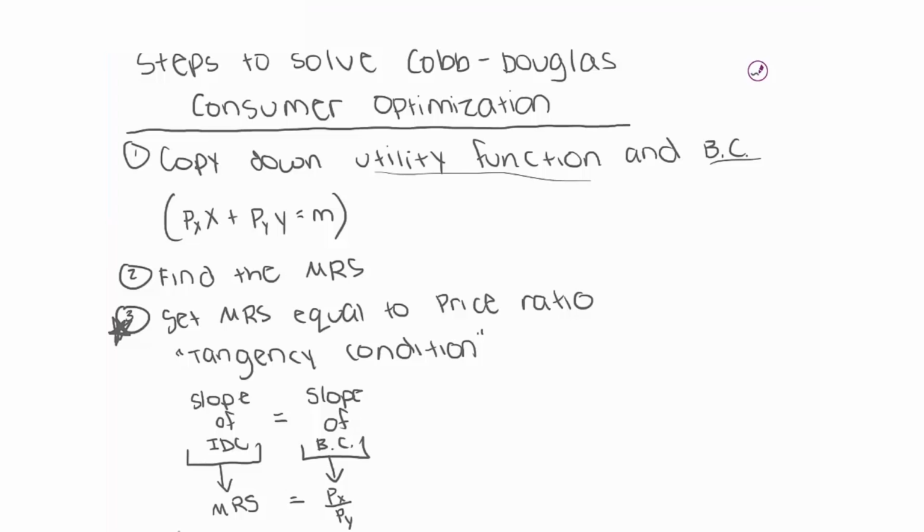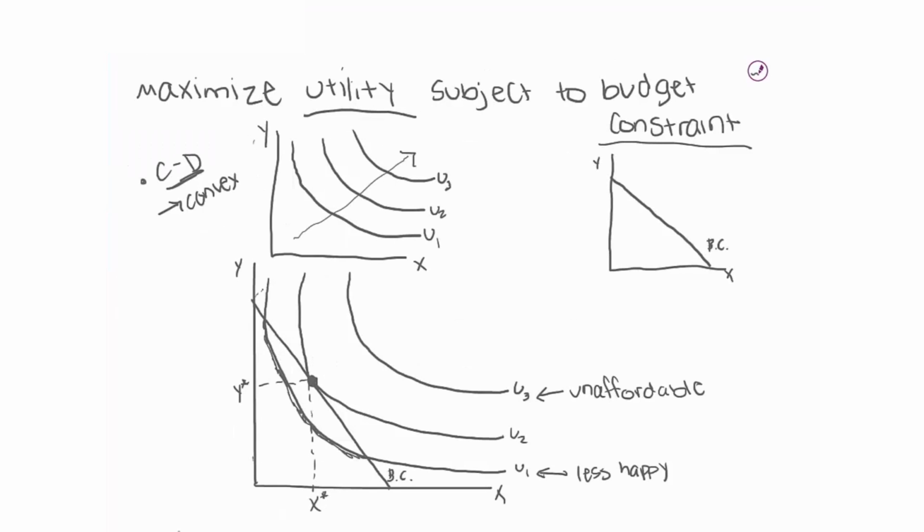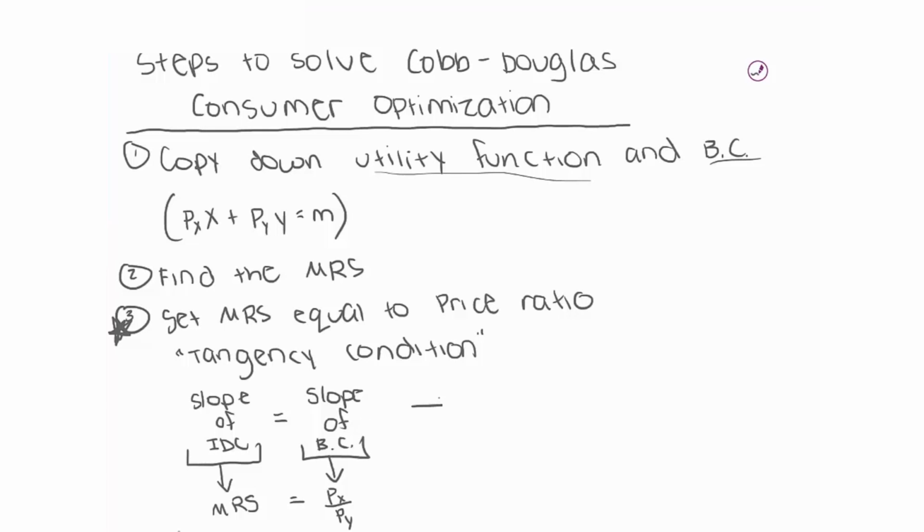So we're setting those two slopes equal to each other, and if we do that, then we're finding the point where it's going to end up being tangent. Setting the slopes equal to each other leads to the point of tangency, and when we do this, it's going to ensure that they're as happy as possible.